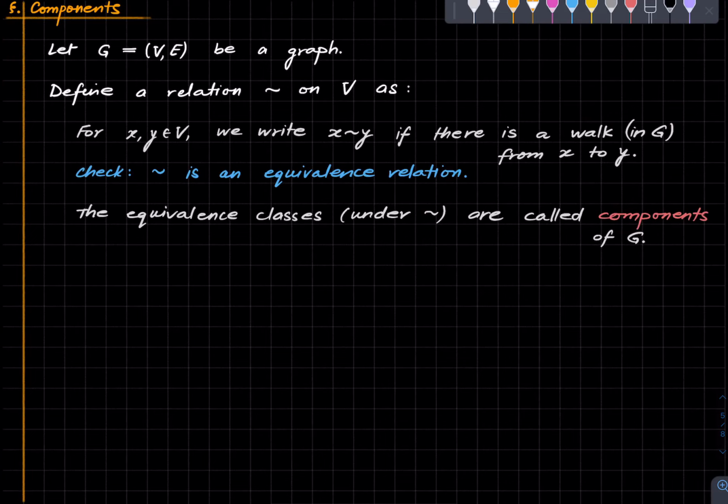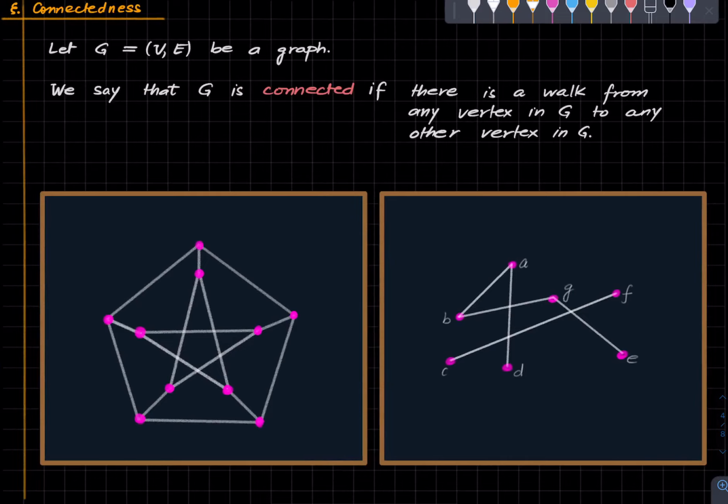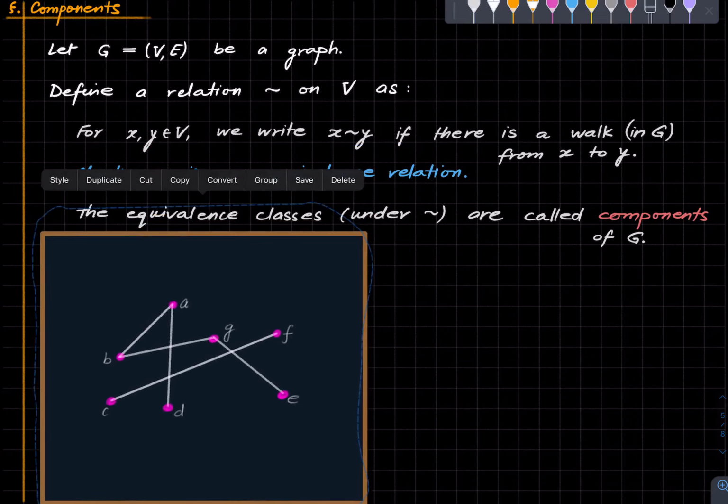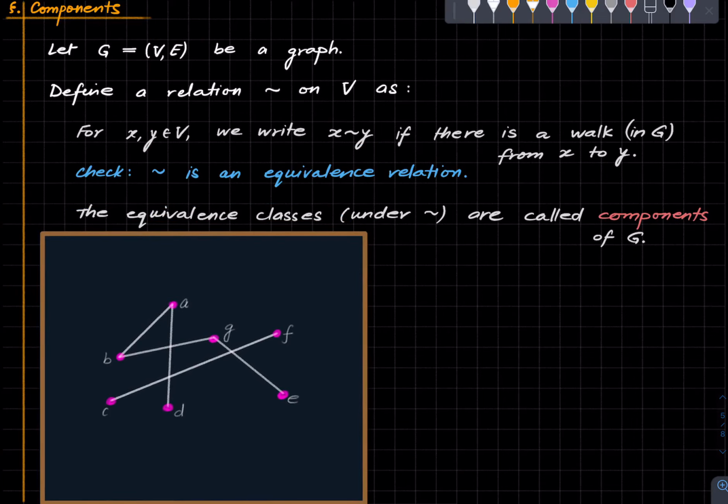So yeah, I should take some example here. Somehow I forgot about an example, but anyway, I'll take an example. Just consider this graph. So this is our graph. So one component is the following. These two vertices constitute a component because they form an equivalence class under the relation tilde.